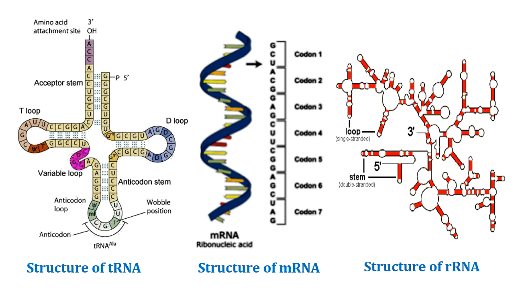The D loop acts as a recognition site for amino acyl tRNA synthetase, an enzyme involved in the amino acylation of the tRNA molecule, while T loop acts as a recognition site for the ribosome to form tRNA ribosome complex during protein biosynthesis or translation.